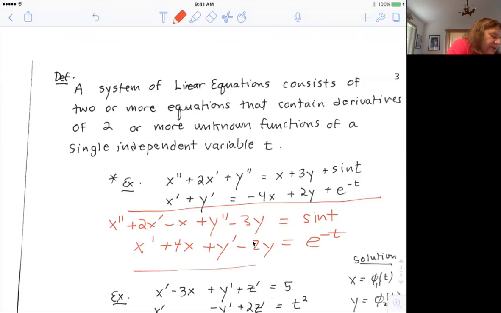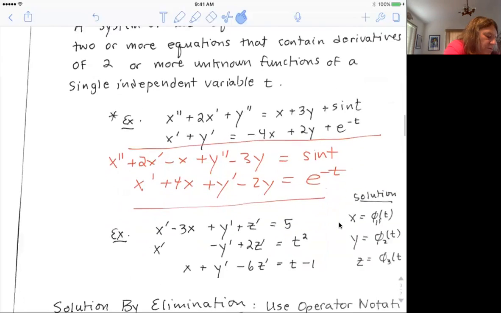So what we have there, again, is a system of linear equations consisting of two or more equations, x and y in this case, that contain derivatives of two or more unknown functions, which are x and y. Both of them are a function of time. So on this right-hand side, we have these other functions that have to do with time.